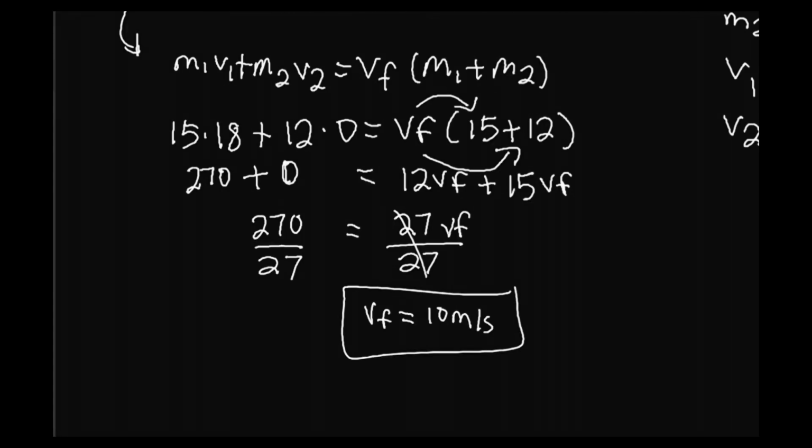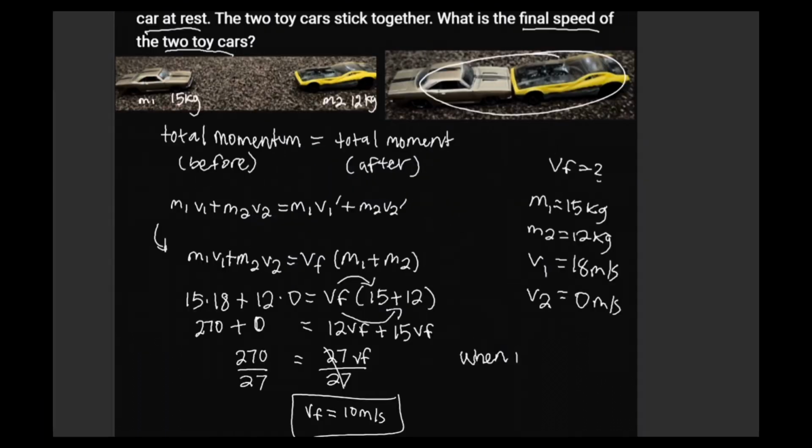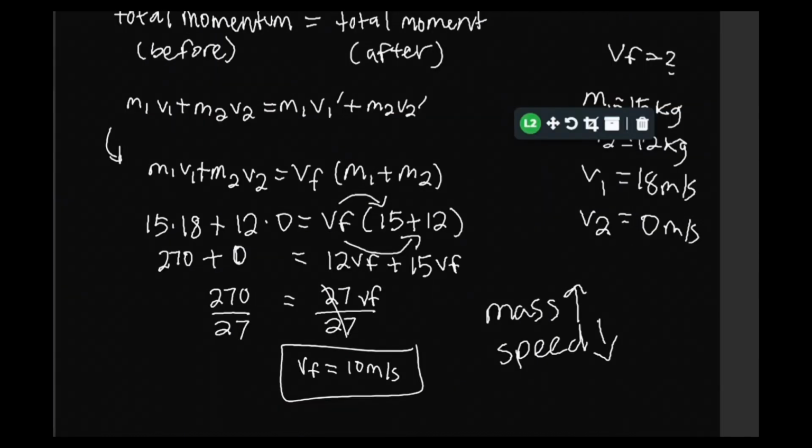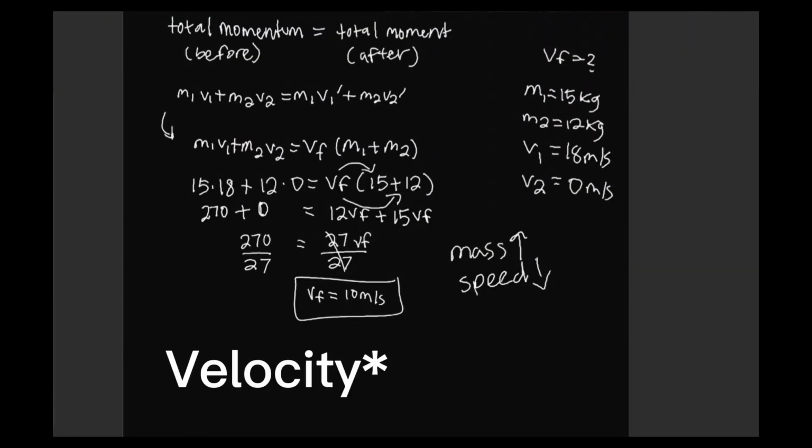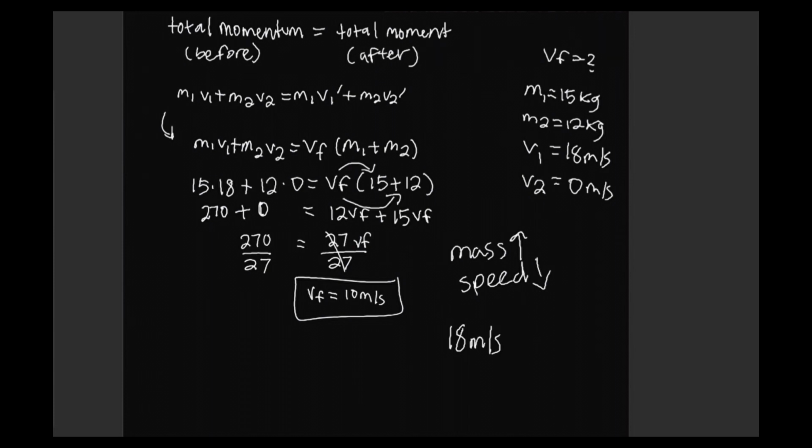Now, how do we know if this is right? When our mass increases, our speed will decrease. In order to see if our answer is somewhat correct, well, where do we start? We knew our first car started at 18 miles per second.